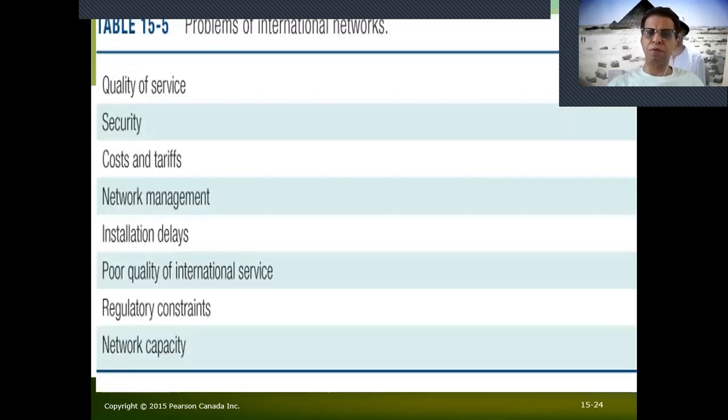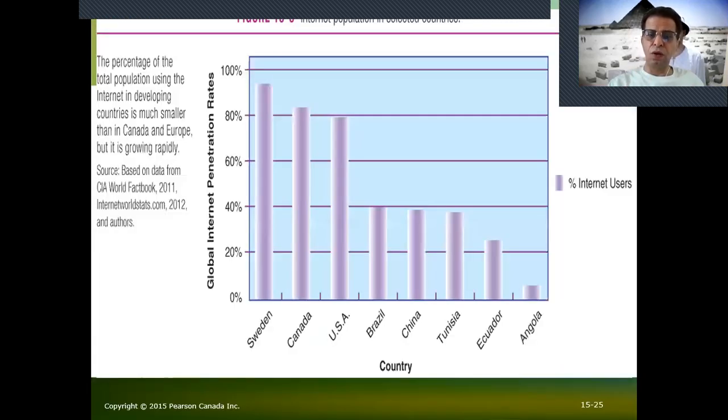Now, the problems of international networks include things like quality of service, security, costs and tariffs. You might face poor quality of international services or network capacity limits. Also there is the percentage of the total population using the internet.